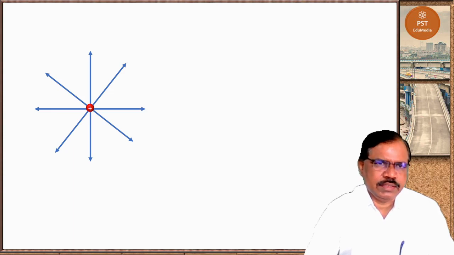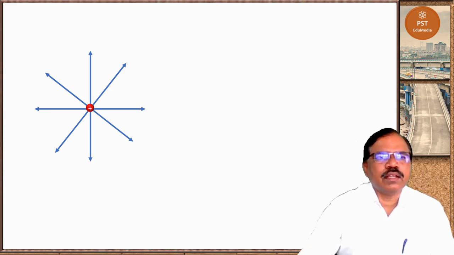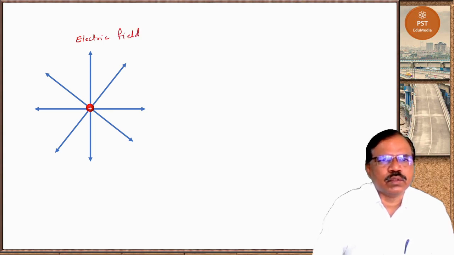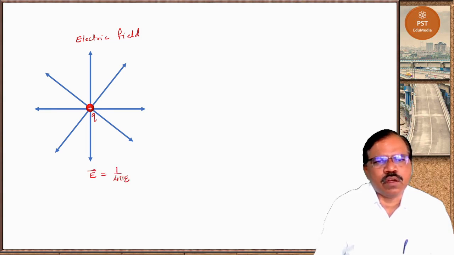We have already seen vector fields. Here we have taken the electric field due to a positive charge. Here is a plus q charge and the electric field is radially outgoing, and we know E is equal to 1 upon 4 pi epsilon 0 into q upon r square into unit vector r.